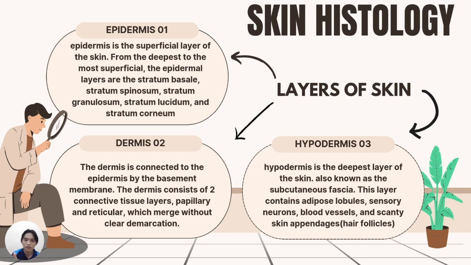Then we have the hypodermis. The hypodermis is the deepest layer of the skin, also known as the subcutaneous fascia. This layer contains adipose tissue, adipose lobules, sensory neurons, blood vessels, and skin appendages, for example hair follicles.